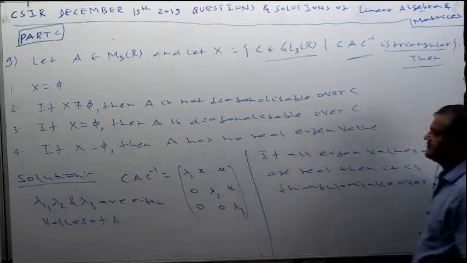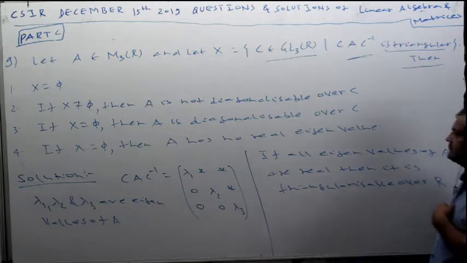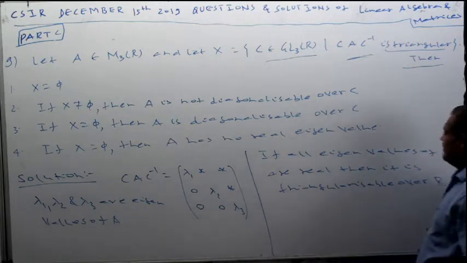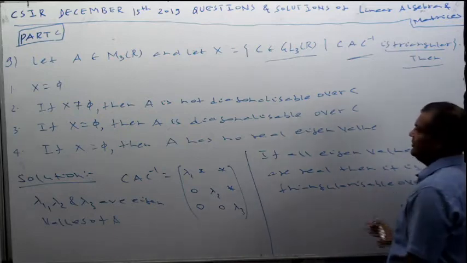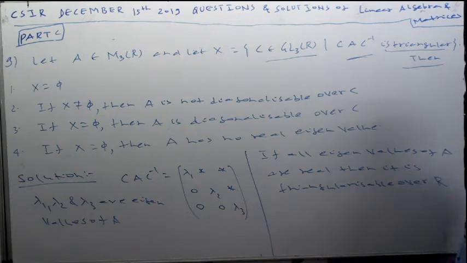Fine. So if all eigenvalues of A are real, then it is triangularizable over R.